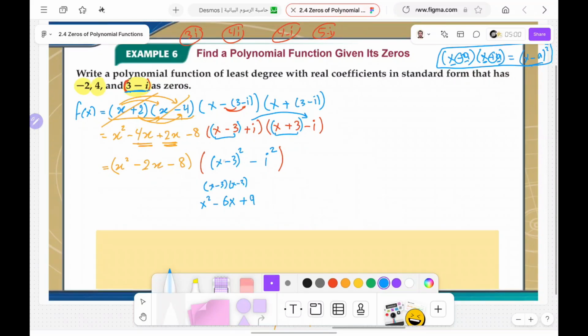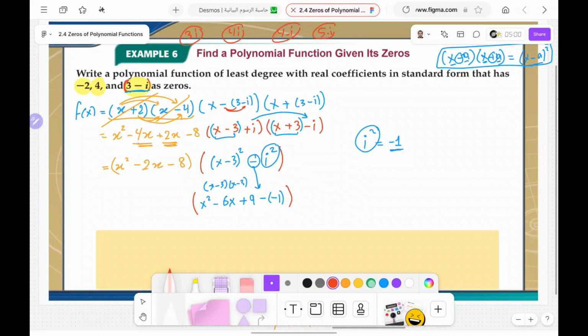Any I squared means -1, so I replace I squared with -1. This is a rule. Don't forget to keep the minus, so the minus goes down and I squared is equal to -1. This is how we can simplify all the brackets.